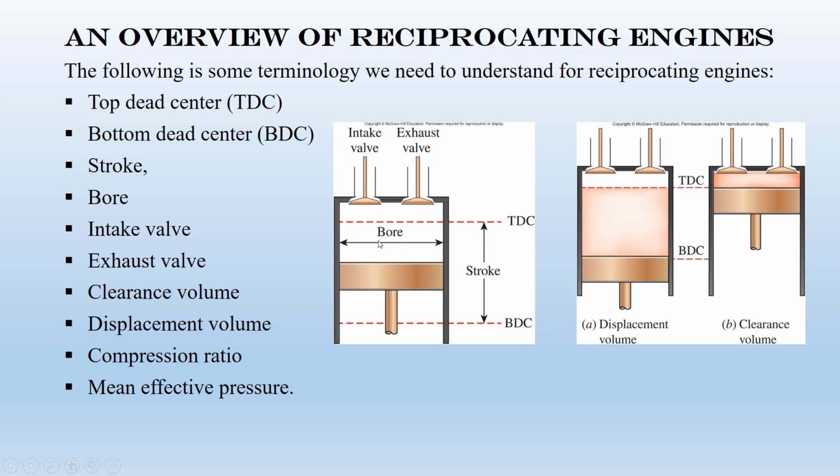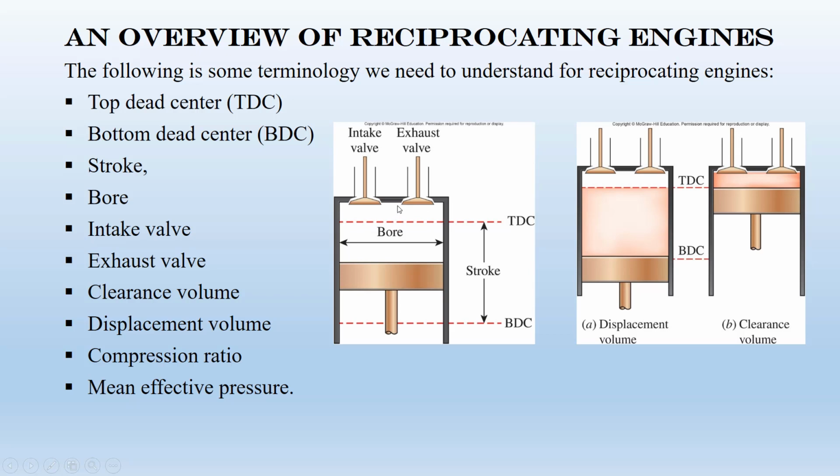What is the bore? Bore is the diameter of this piston or cylinder. So there are some intake valves to add air and fuel. In this course, we assume we have just air, and exhaust valve, to just remove the combustion product. Also, we have the clearance volume. The clearance volume is the volume where the piston is at the TDC position.